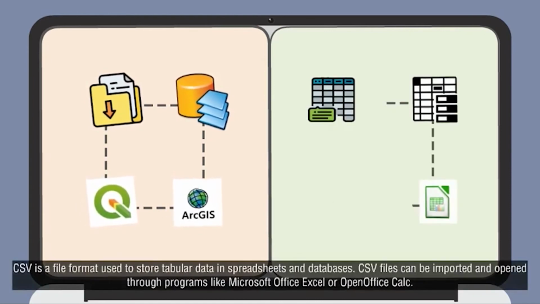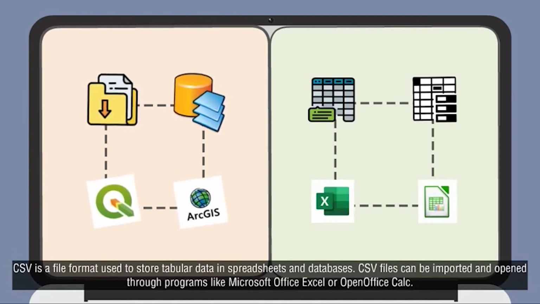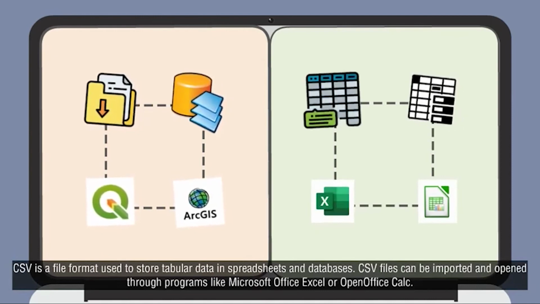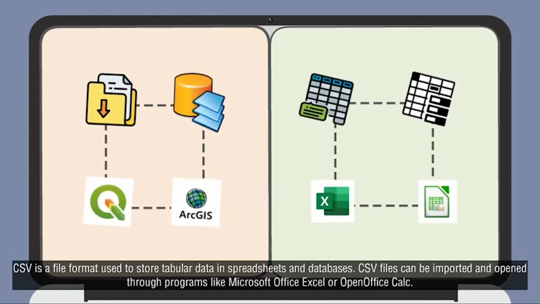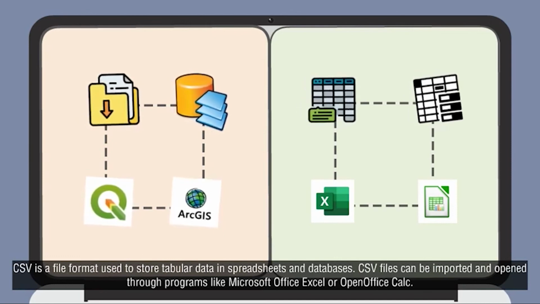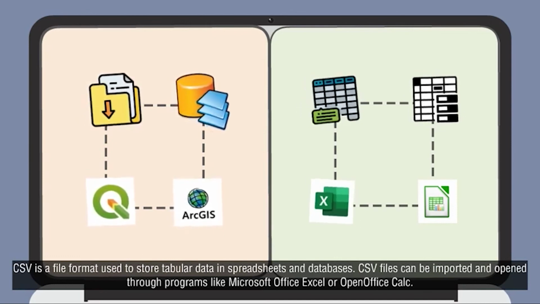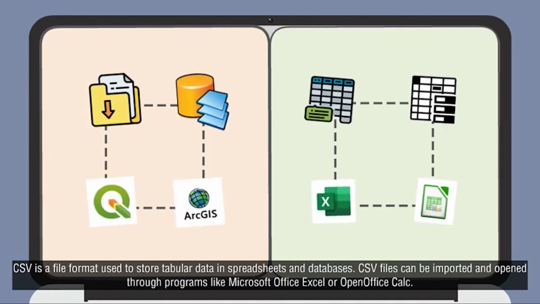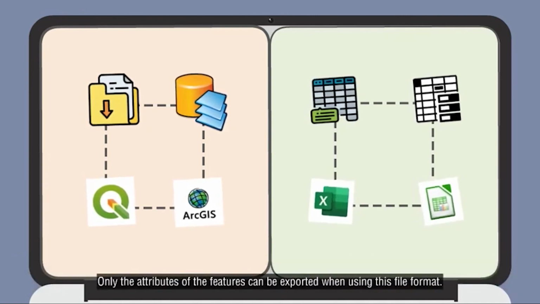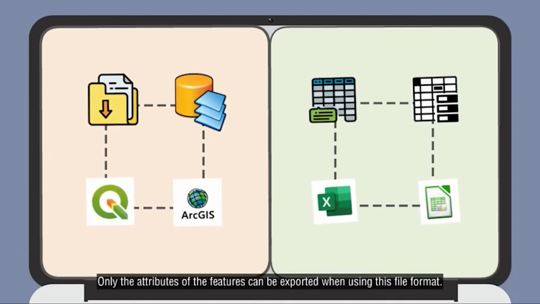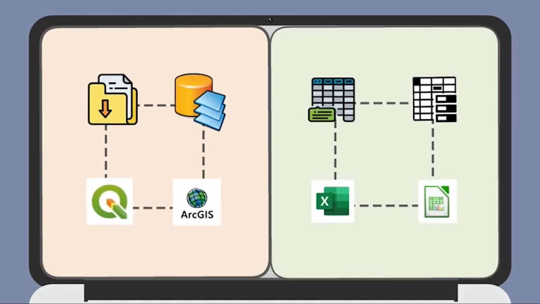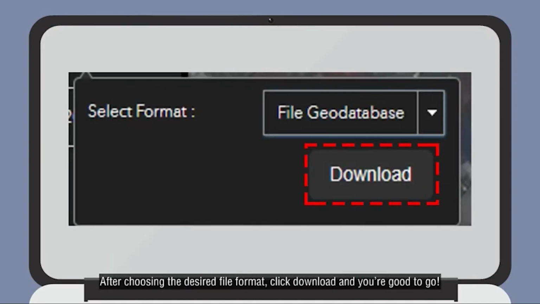CSV is a file format used to store tabular data in spreadsheets and databases. CSV files can be imported and opened through programs like Microsoft Office Excel or OpenOffice Calc. Only the attributes of the features can be exported when using this file format. After choosing the desired file format, click Download and you're good to go.